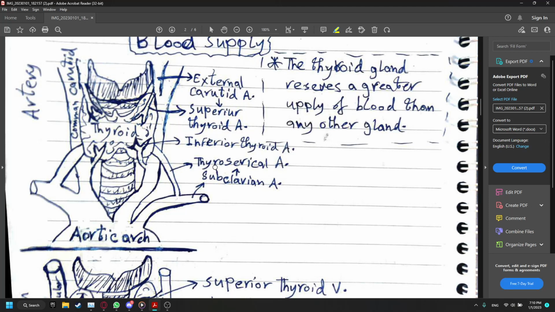The same goes for the inferior, though it doesn't come from the external carotid artery, but rather from the common carotid artery. This is the common carotid artery, and it supplies the inferior part of the thyroid. Meanwhile, the external carotid artery supplies the superior thyroid artery.